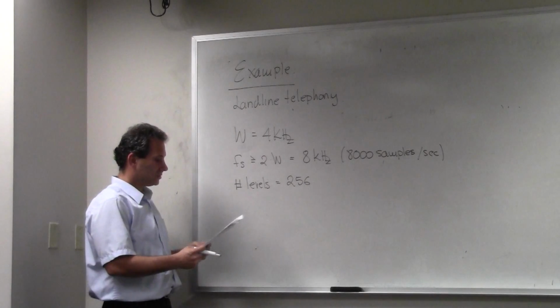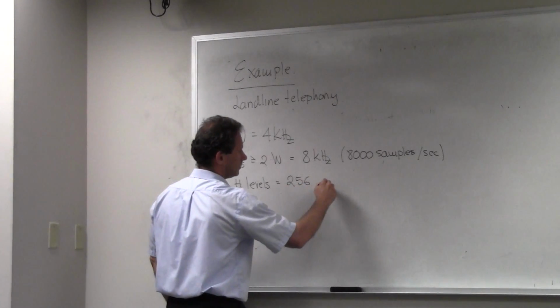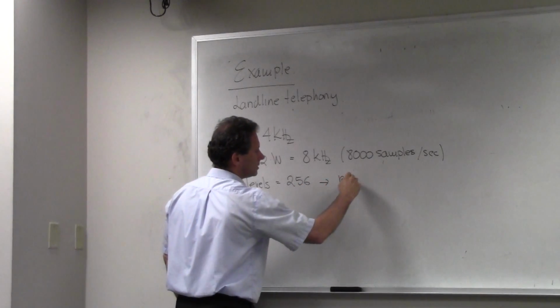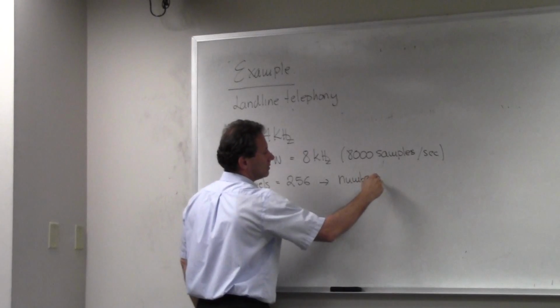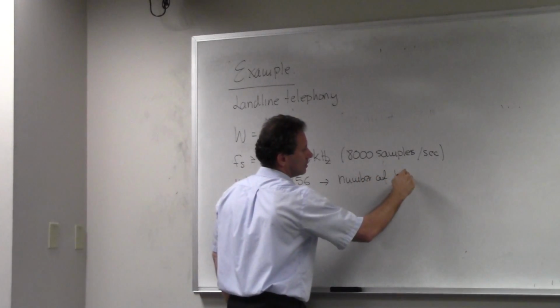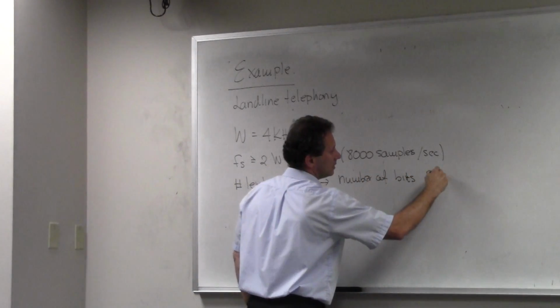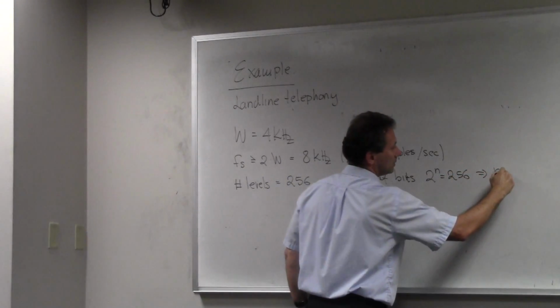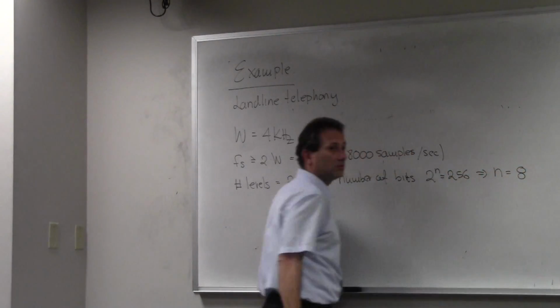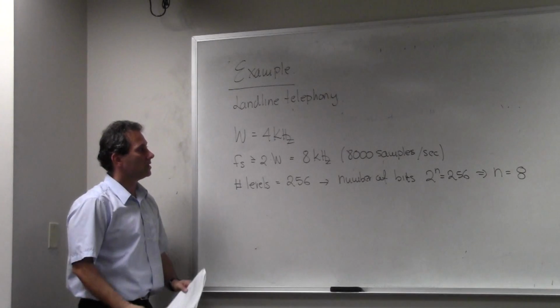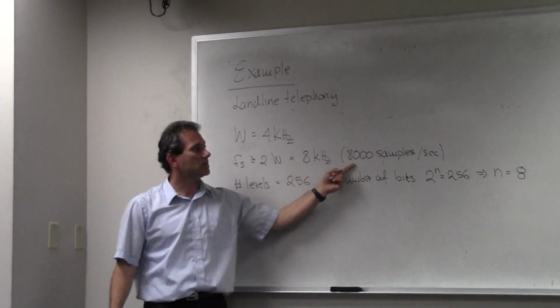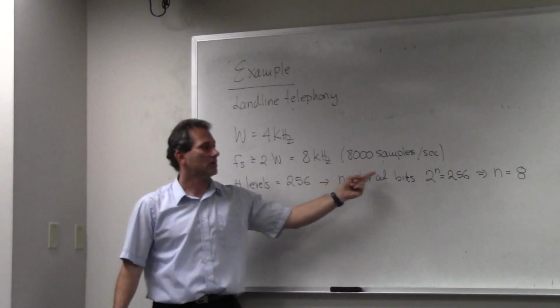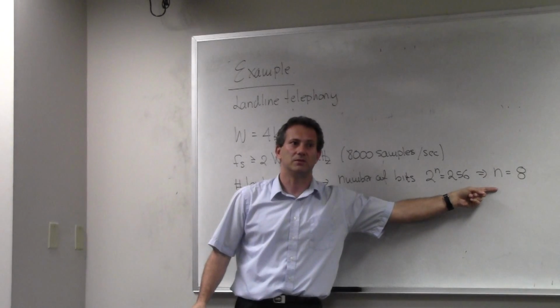So how many bits do we require? The number of bits n is such that 2 to the n has to be equal to 256. So how large is n? n is equal to 8. So we're sampling at 8,000 samples per second, and we're spending 8 bits on every sample.